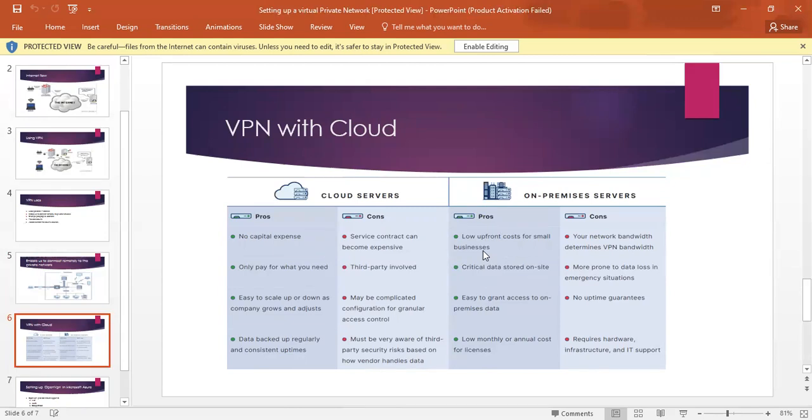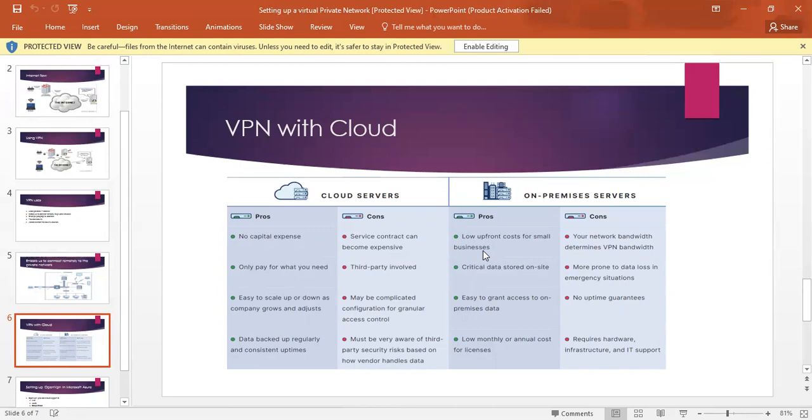And we do have some negative points of cloud servers, like the service contract can become expensive. A third party is involved in the case of cloud servers, so we have to pay for the third party, and there may be complicated configuration for granular access control, and you must be very aware of third-party security based on how the vendor handles data.